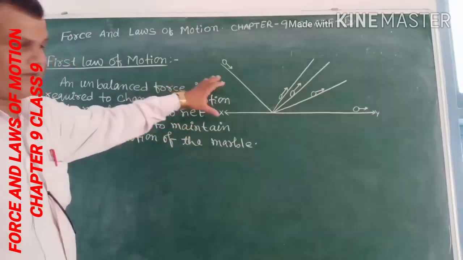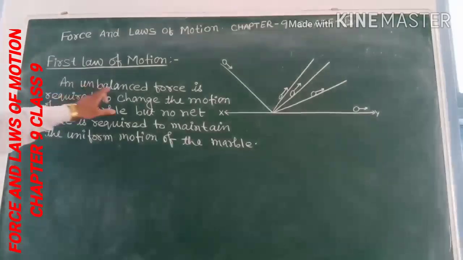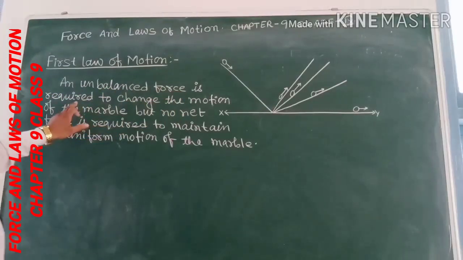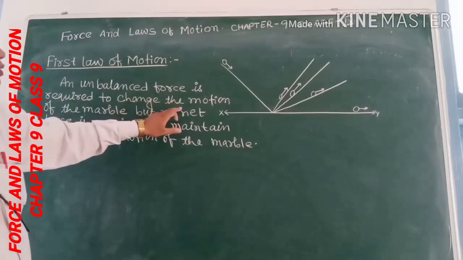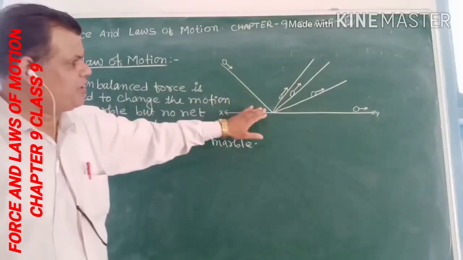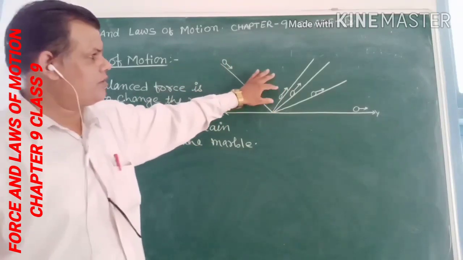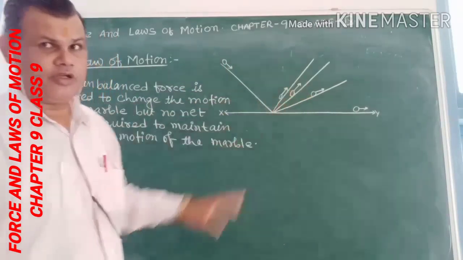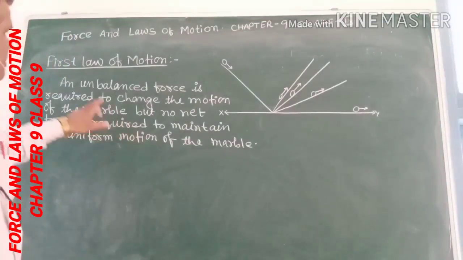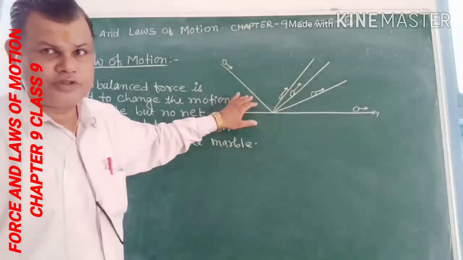This activity now suggests that an unbalanced force is required to change the motion of the marble. Here the motion is being changed. First it was with a higher speed, now the speed has changed. So there is an unbalanced force.